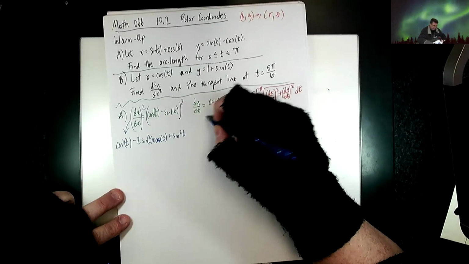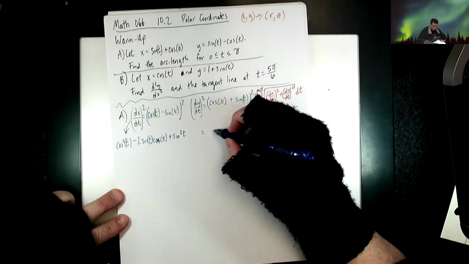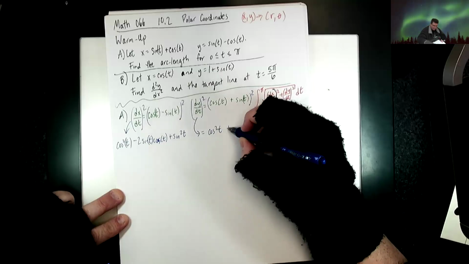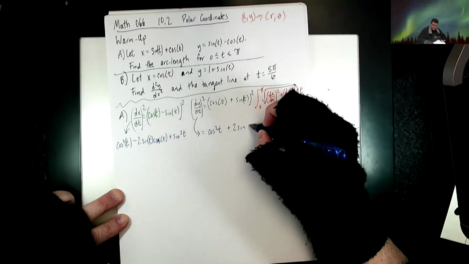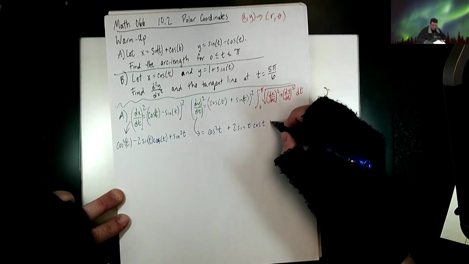And dy dt squared, we're going to get cosine squared t plus 2 sine t cosine t plus sine squared t.